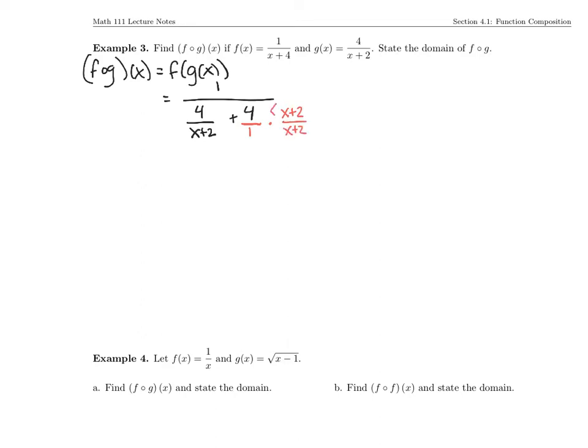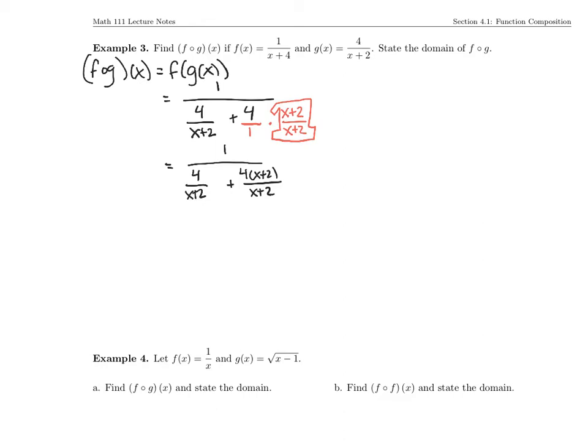The reason that I can do this is because this is just like multiplying by a big giant 1, and multiplying anything by 1 keeps the value the same. We're just making it look different. So this is going to become 1 over 4 over x plus 2, plus 4 times x plus 2 over x plus 2. And yes, look, they now have common denominators.